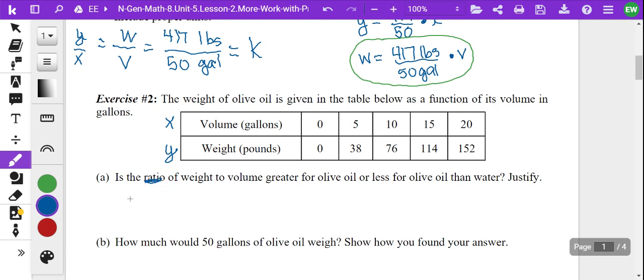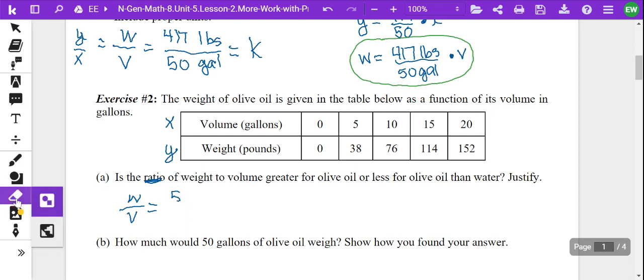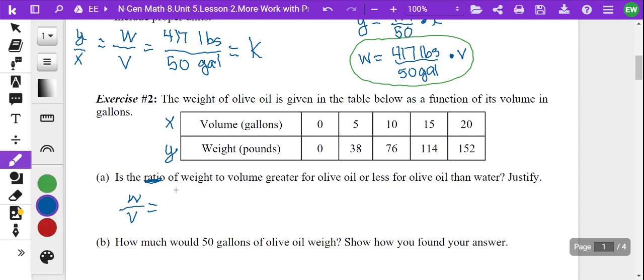So we have weight over volume of olive oil is equal to 38 over 5. So 38 pounds per 5 gallons.